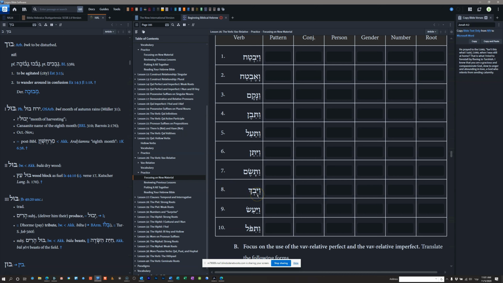Option 3 would be that we're missing R1, and that's either going to be a noon, which does not get assimilated, so that doesn't work, or a yod, in which case we'd have a sere prefix vowel. That's what we have. Okay, it's important to note, though, this is clearly a shortened form. One yod verbs do not get a shortened form in the preterite, jussive, vav relative imperfect.